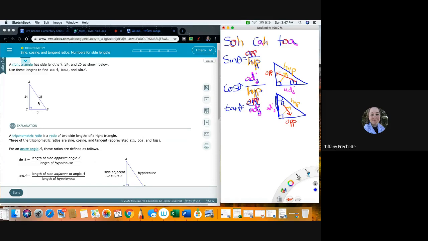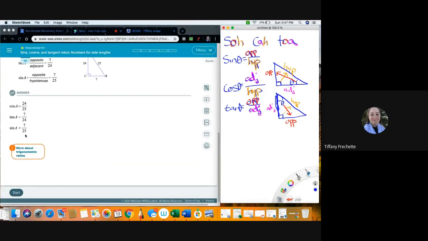So our ratio is 7 over 25. If I want the tangent of A, I go opposite over adjacent. So I go opposite, which is 7. Adjacent is not my hypotenuse, it's the other side. So we go 24, so it's 7 over 24. So all we're doing is writing three fractions based on these relationships here.